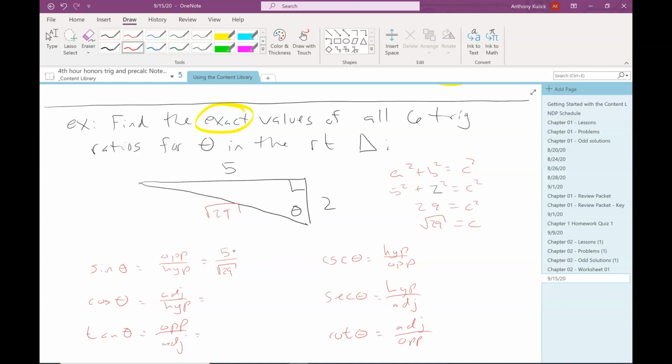So we multiply the top and bottom by the square root of 29. That's called rationalizing the denominator. I heard somebody mumble, which is excellent that you remember that term. So I have 5 square root 29 over 29. Everybody okay there?